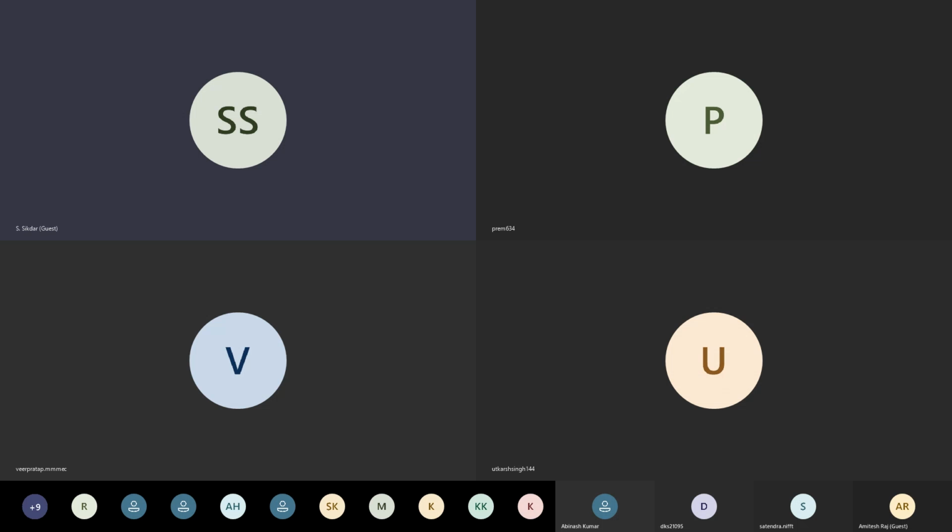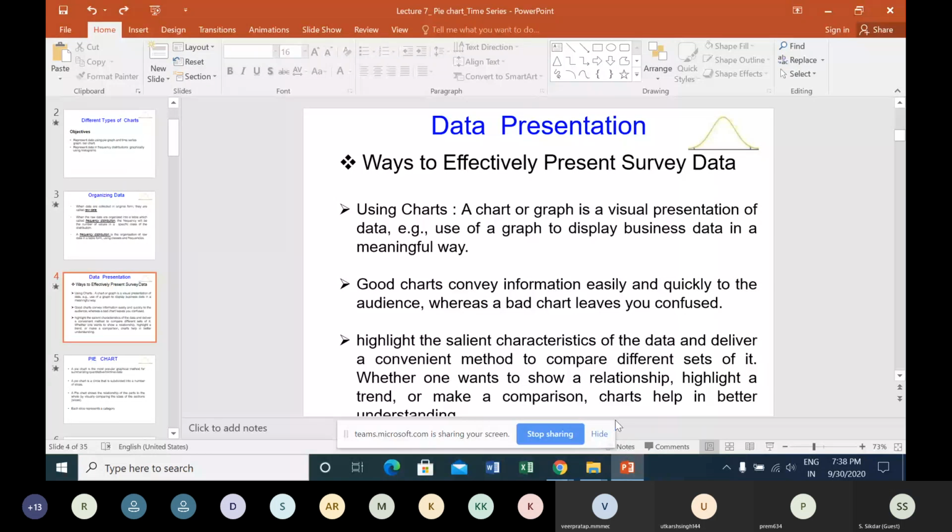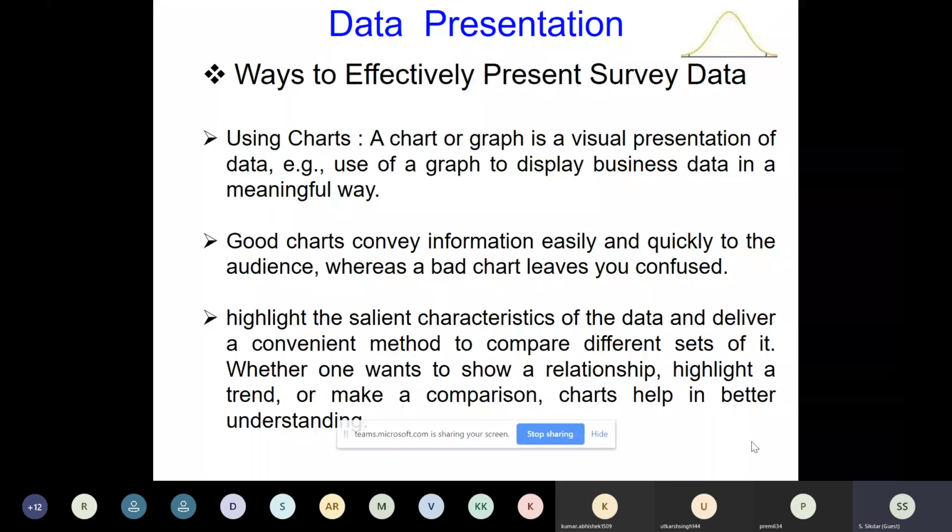First I click share, then entire screen. Do you see now? Sir, make it into presentation mode, sir. Then it's fine, I'll do that. That is not a problem. Okay, can you see now? Data presentation, ways to effectively present data. Yes, so far good. It's okay, sir. Only when I move there next time, then the problem comes up.